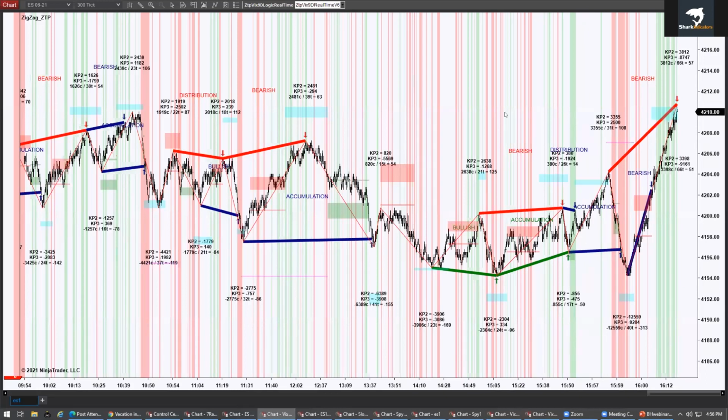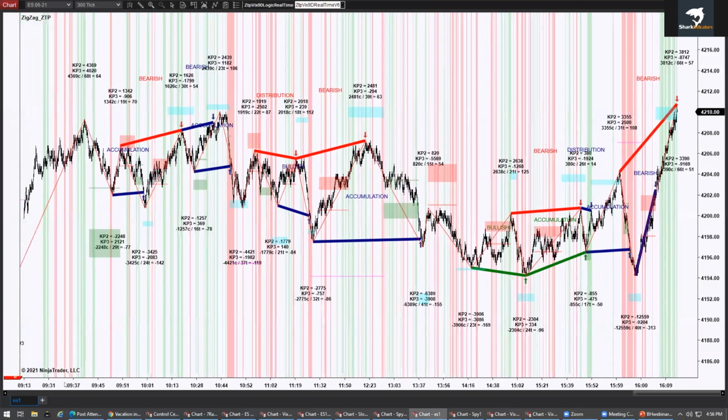chart. And we didn't really see that much trading today. This is a 300 tick chart. On the 300 tick chart, when we could put everything basically in one chart, there wasn't really much going on.